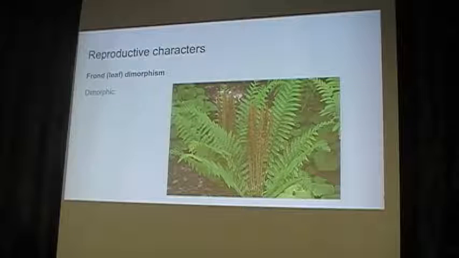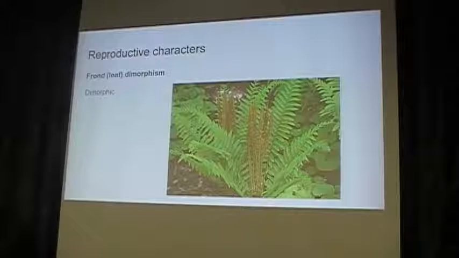But then some species have dimorphic leaves. So this is cinnamon fern. I'll pass one around. You can see there's big green leaves. These are the photosynthetic ones, the vegetative leaves. And they look totally different than these leaves in the middle.